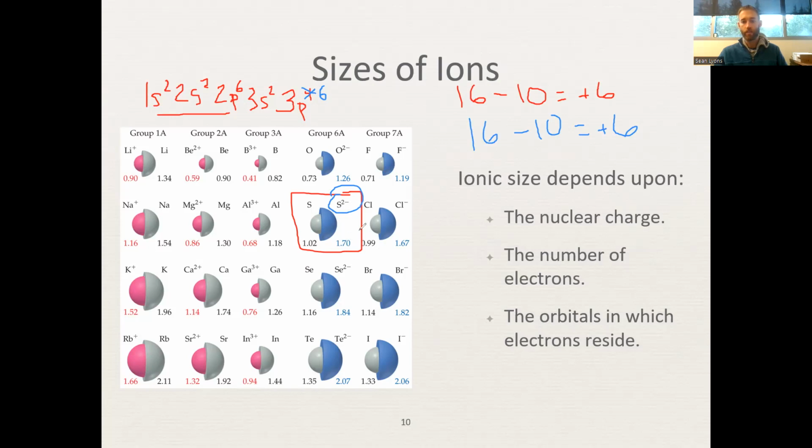And that's why we're going to see the atomic radius increase in size for these negative ions. Essentially now we've just got extra stuff, but we haven't increased anything about the nucleus. So we're just not going to have an increased attraction between the nucleus and the electrons, but we'll have more of a repulsion between those separate valence electrons, causing them to spread out a little bit more, giving us that larger atomic radius there.